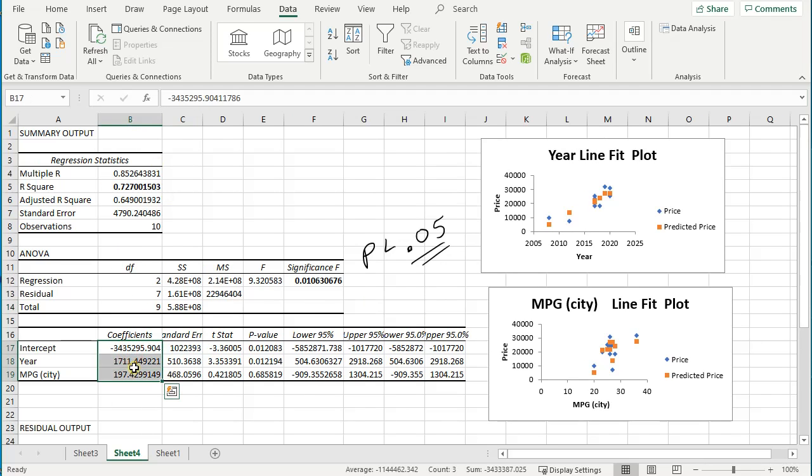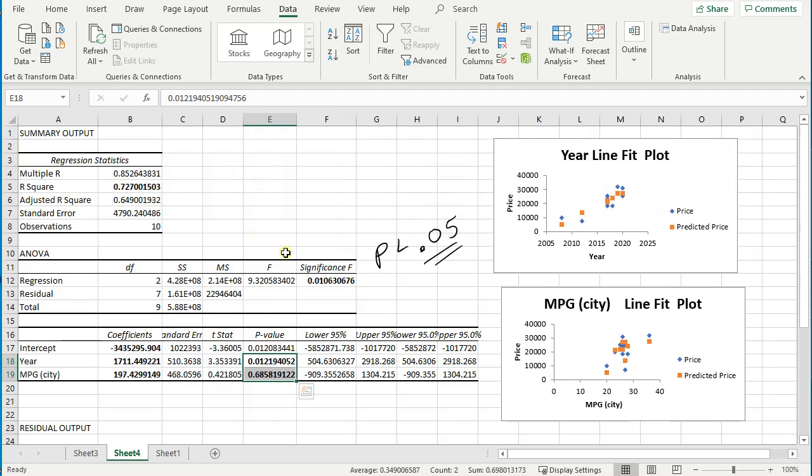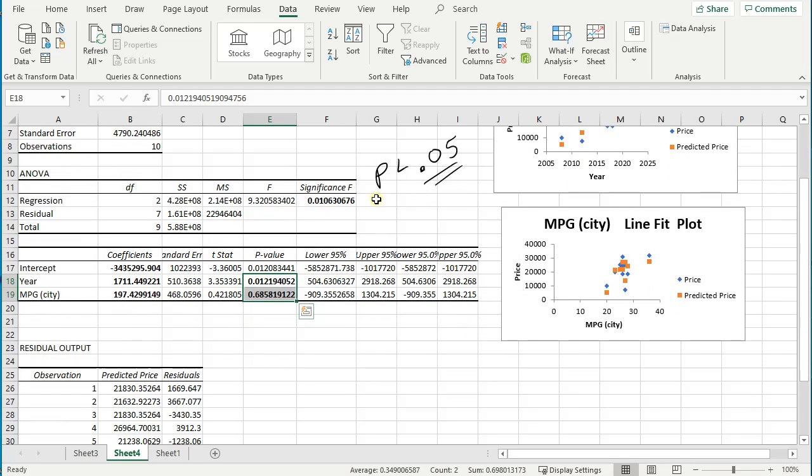These coefficients are really important. Let's look at those. Also, these p-values are really important, so let's consider those. Starting with the coefficients, let me write down our model here. So we have y equal, always start with your intercept, negative 34352.904. That's the intercept.